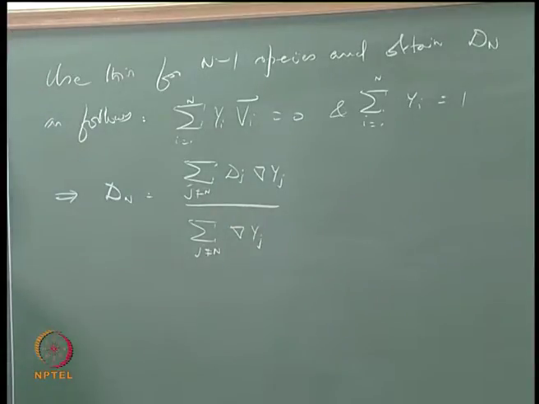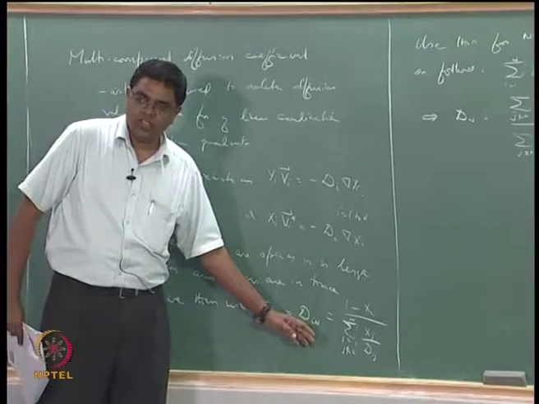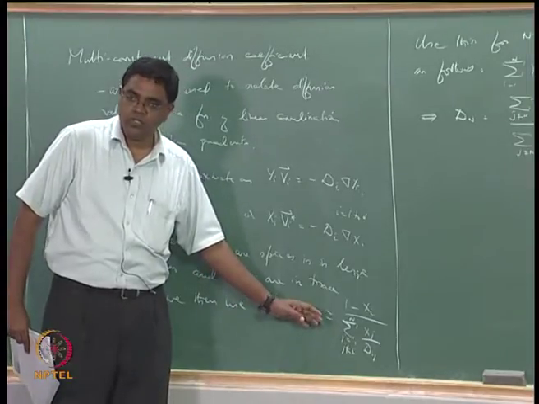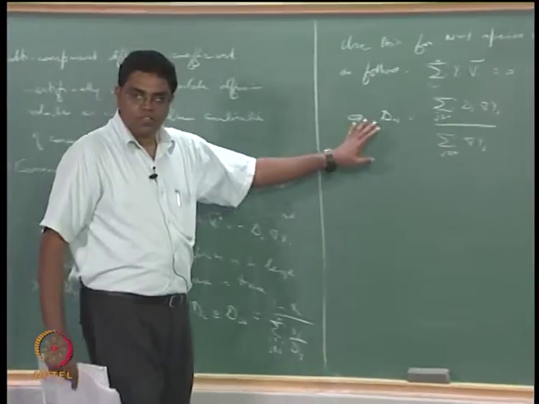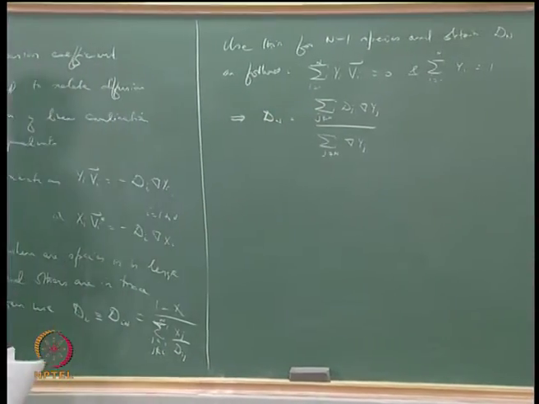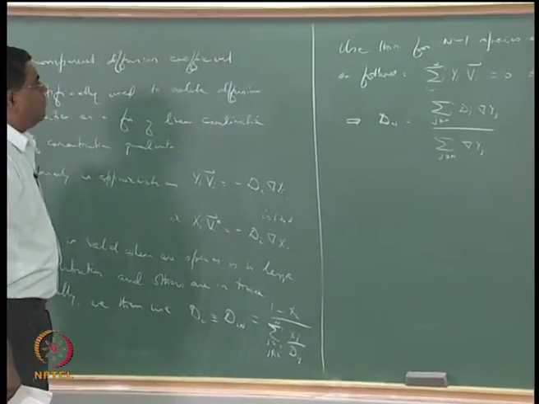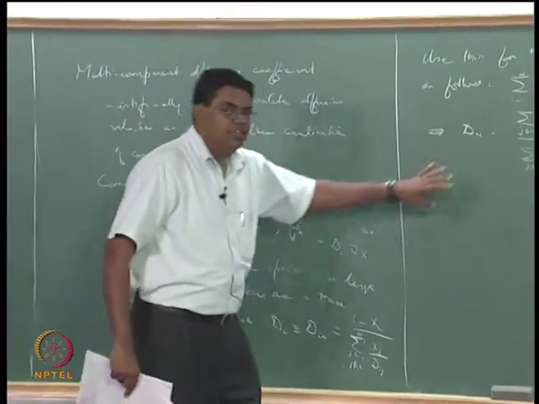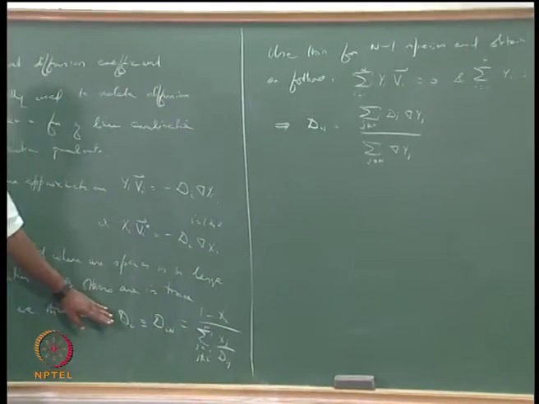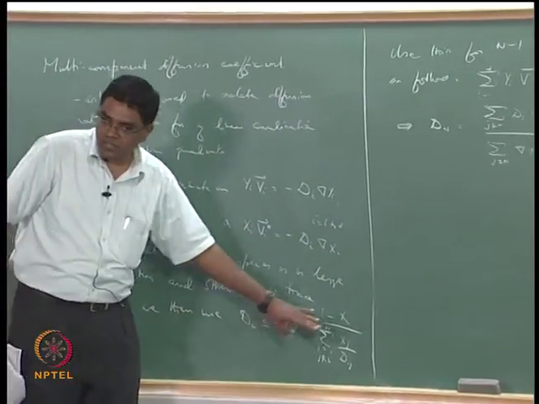But many times, just as we ignore the assumption that the velocities of all the species are equal, we also ignore this. We just say let us not worry about the nth multi-component diffusion coefficient being obtained this way, provided all the n-1 diffusion coefficients are obtained this way.